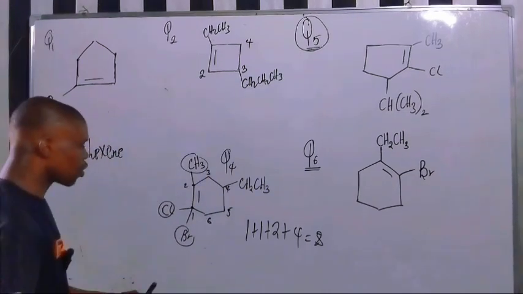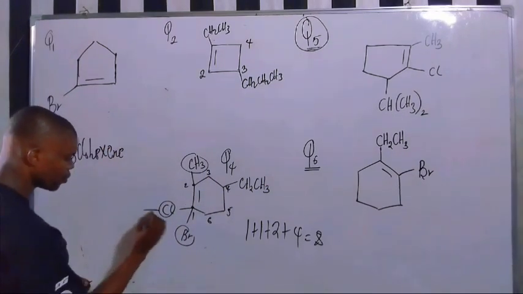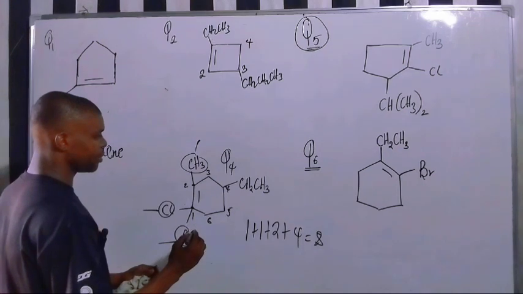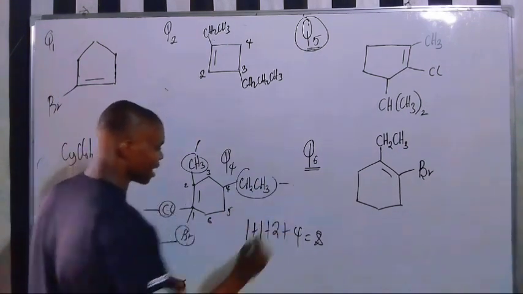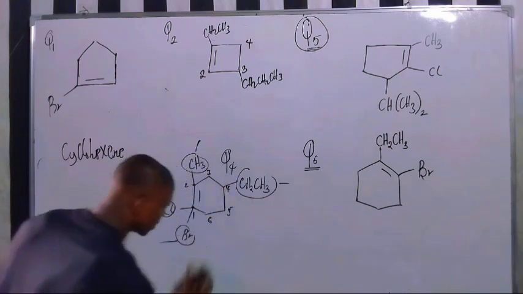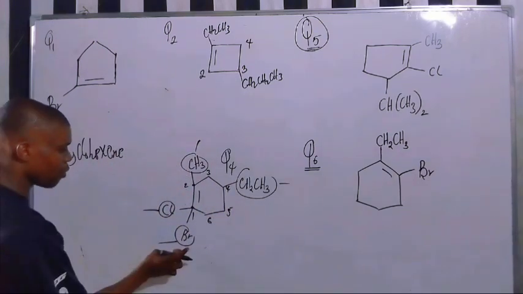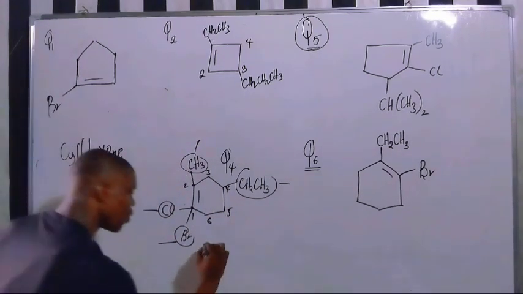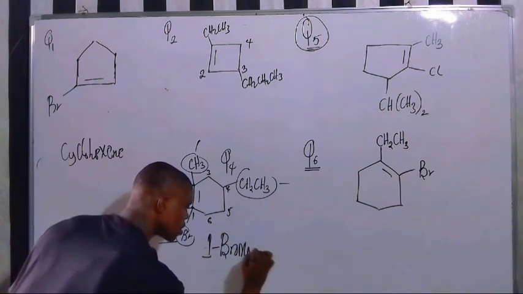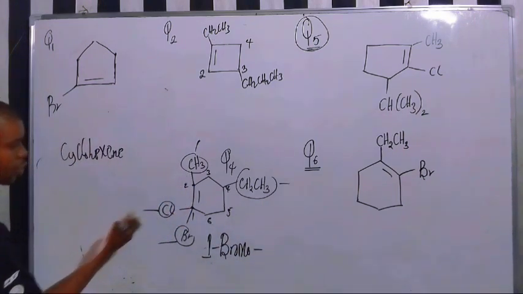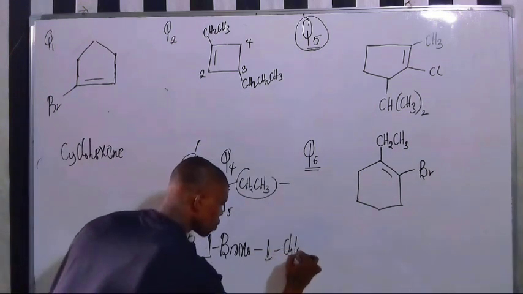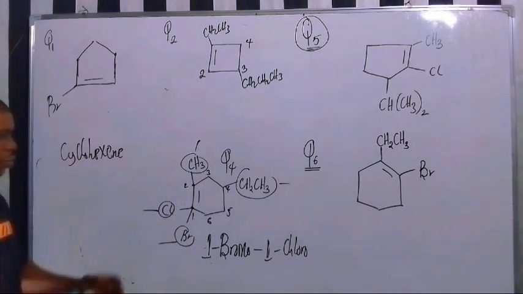So let's combine them. Here we have bromine, here we have chlorine, here we have bromine, here we have methyl, and ethyl. If I have something like this, bromine comes first in alphabetical order, so it's going to be 1 bromo. Chlorine will come second, which is 1 chloro.